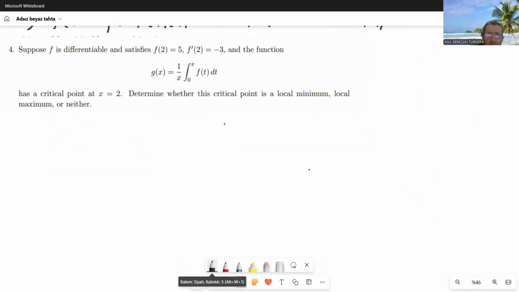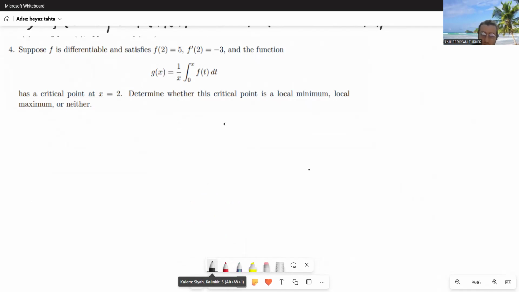Now, let's say that f is a differentiable function and satisfies these two. Also, define a new function g in terms of this given differentiable function, and say that this new function g has a critical point at 2.